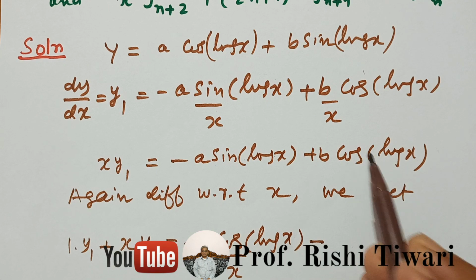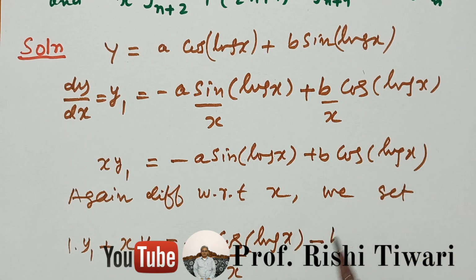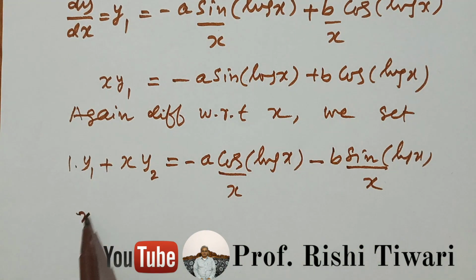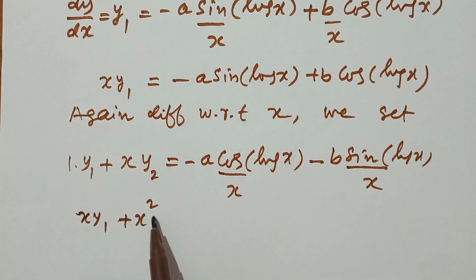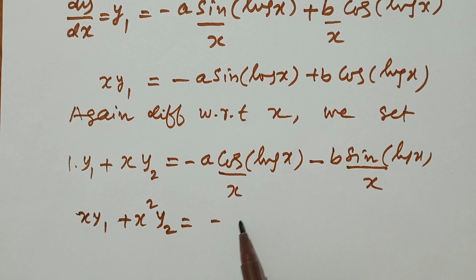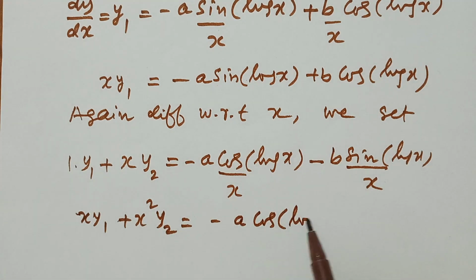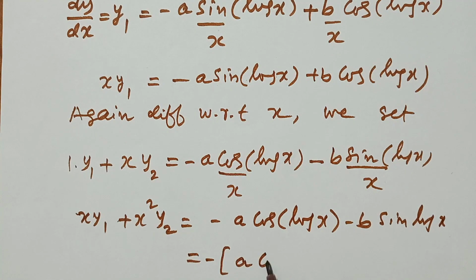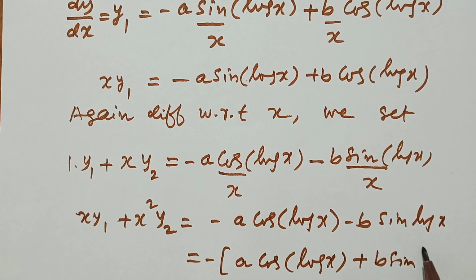Since the differentiation of cos x is minus sin x, we get minus b sin log x upon x. Now multiplying by x on both sides, we get x y1 plus x² y2 equal to minus a cos log x minus b sin log x. Here minus is common, so minus (a cos log x plus b sin log x).